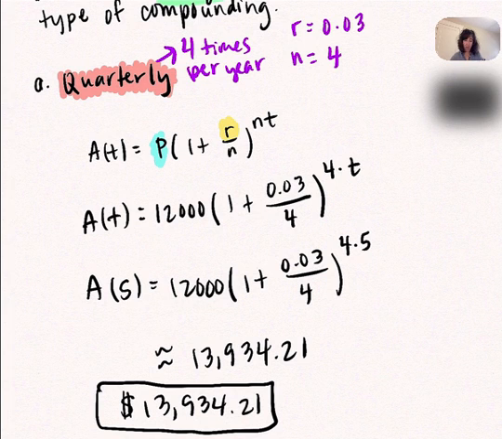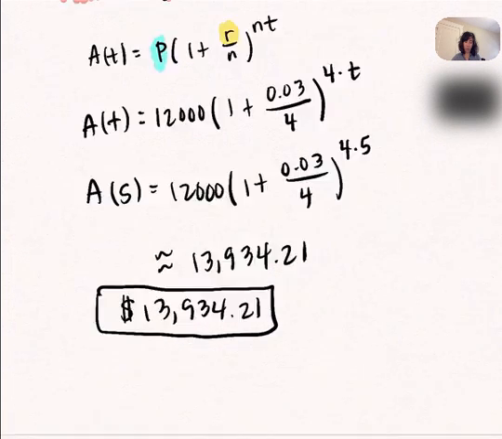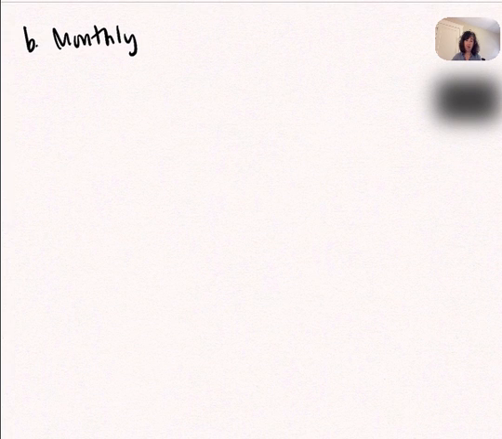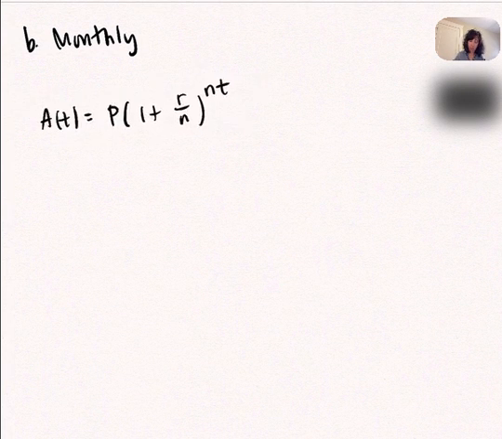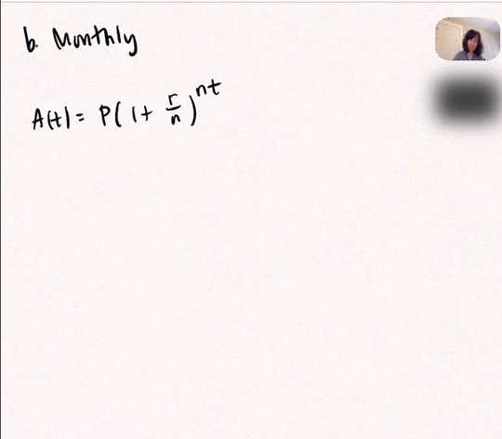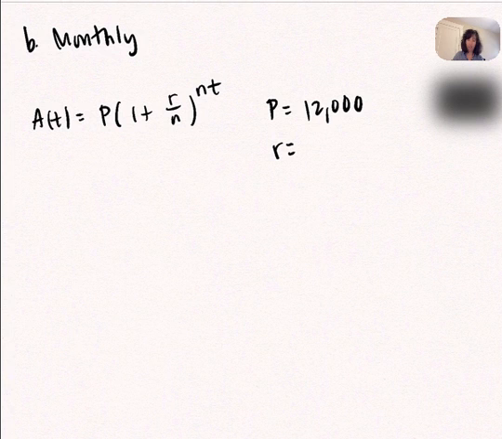Okay, what happens if we compound a different number of times per year? So what if we compound monthly instead? We're still going to use the same general formula here. Now our principal does not change, so P is still $12,000. We still have the same R value, 0.03. It's just that our N value has changed.